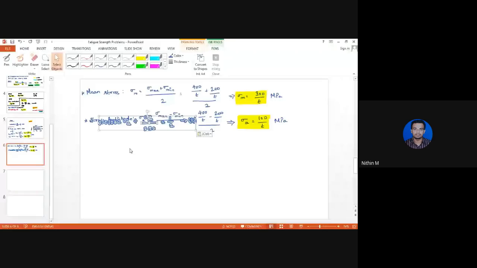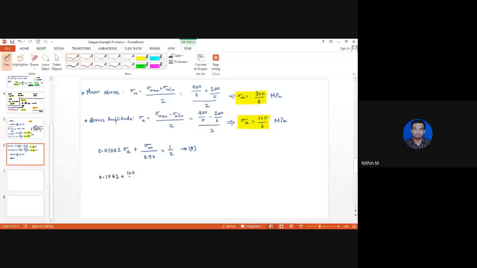So if you substitute the values of sigma m and sigma A in equation star, what are you going to get? 0.1062 into (sigma A is 100 divided by T plus sigma m is 300 divided by T) multiplied by 290, is equal to 1 by 2.